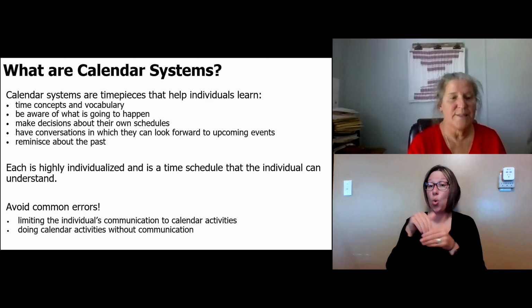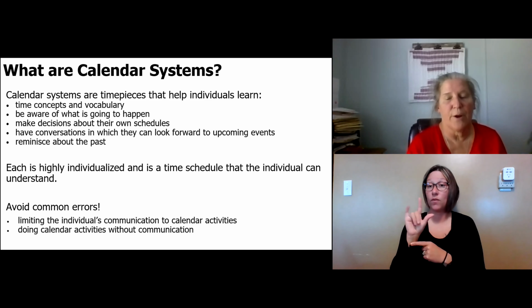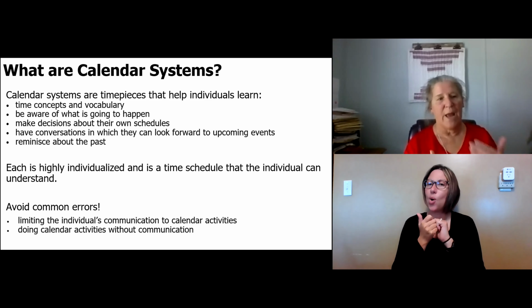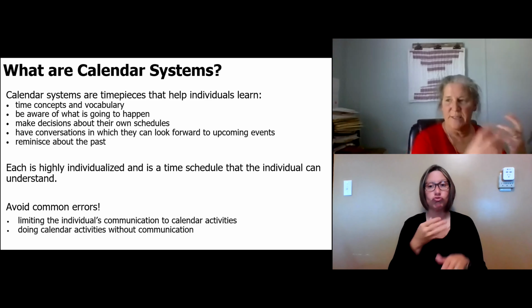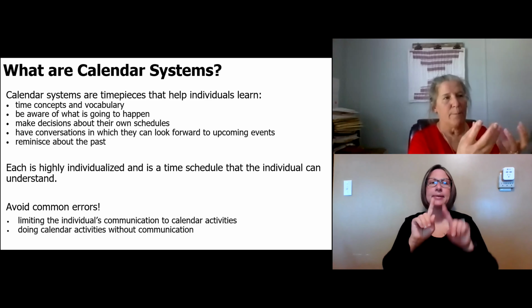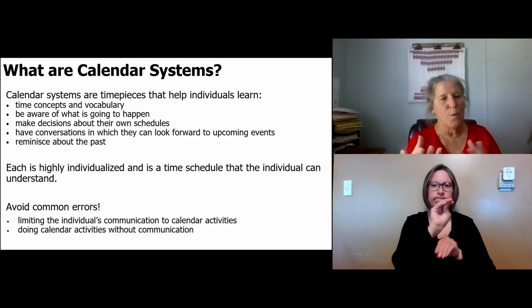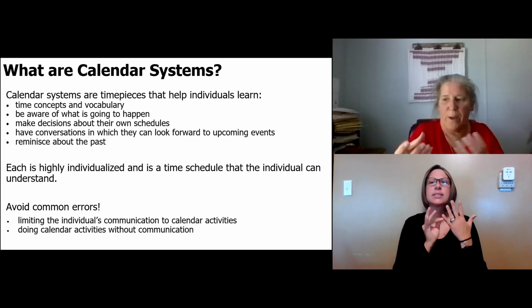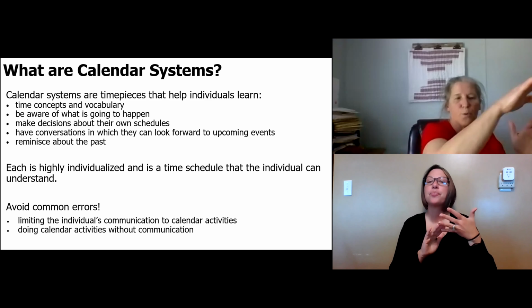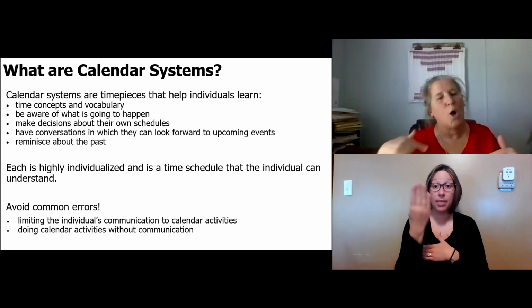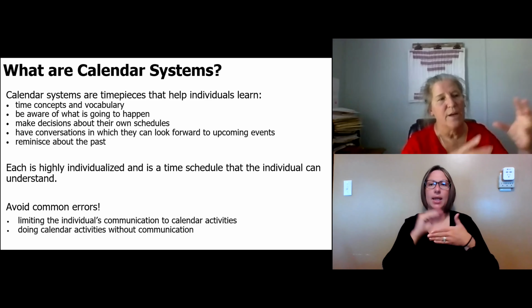And one of the ways that we did that was to use our calendar system. By this time, we had a pretty good daily calendar going, and we had several times that we could embed choices throughout the day. And so when she came in the morning, the first thing we did was go through her calendar and talk about what was going to happen that day.